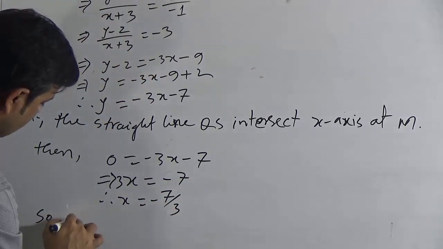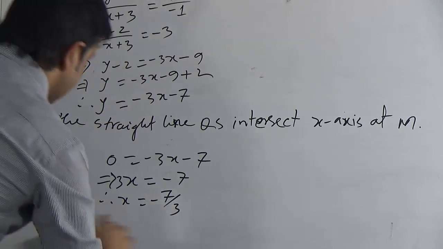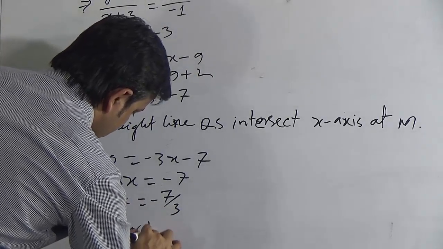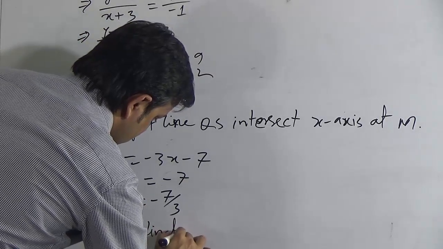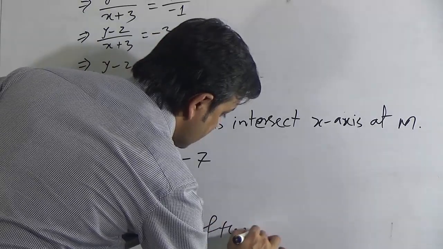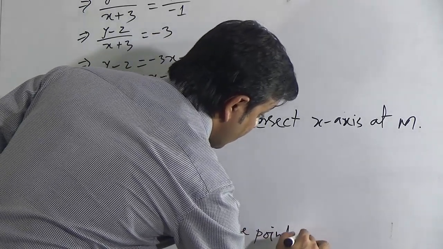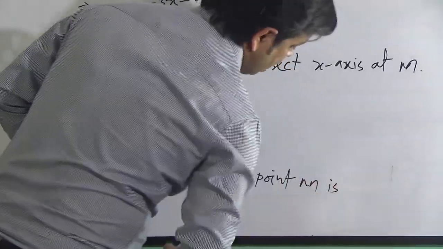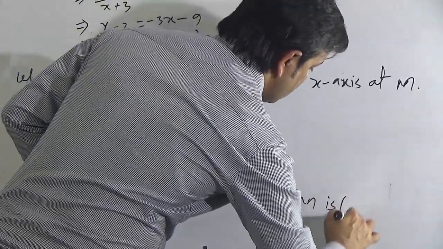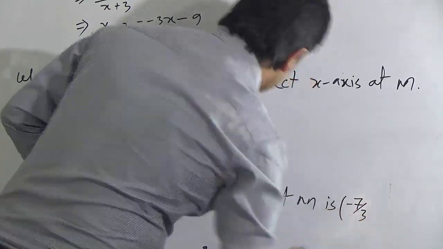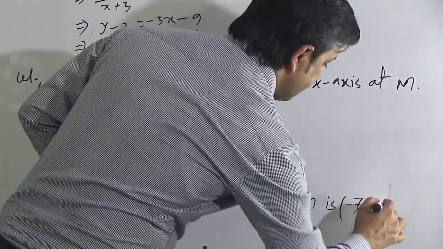So the coordinates of the point M is minus 7 by 3, 0.